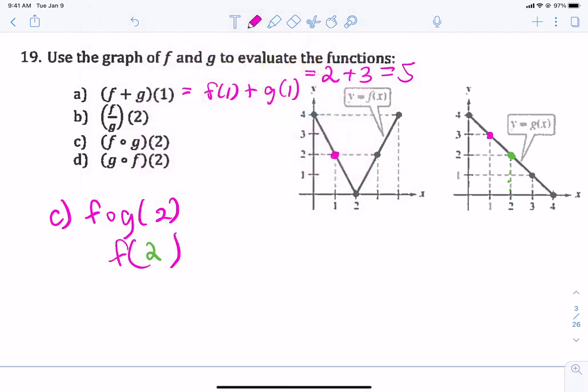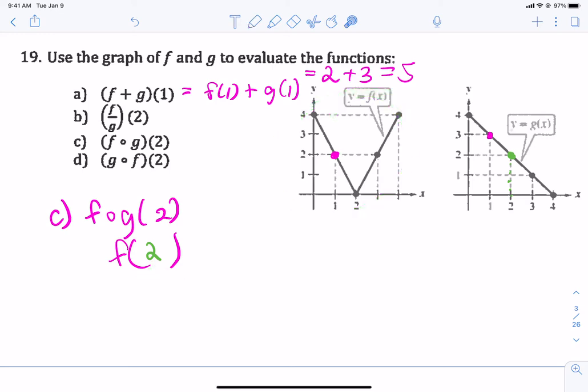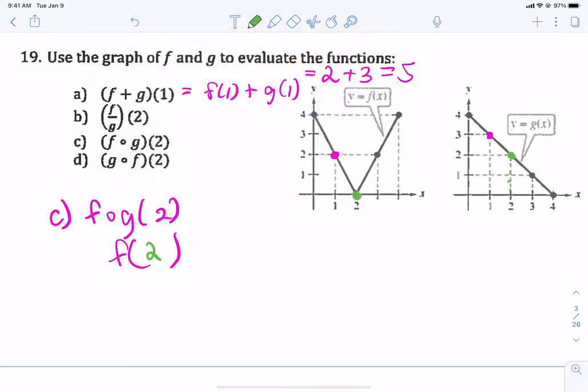Now we're going to go to the f function, which is this one, and we're going to say, okay, when x is 2, what is the height on the f function? And our answer is 0. Okay, so let me go over that one more time. We're going to take 2 and use the g function. That's 2.